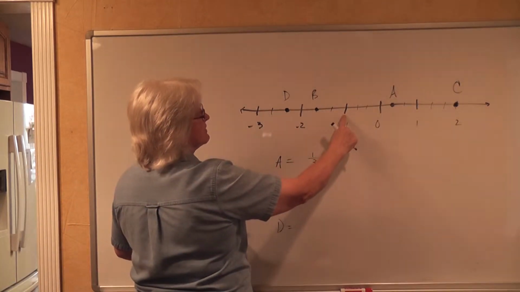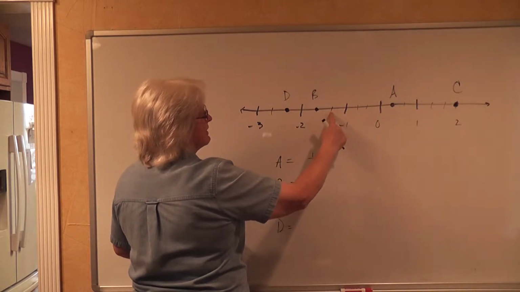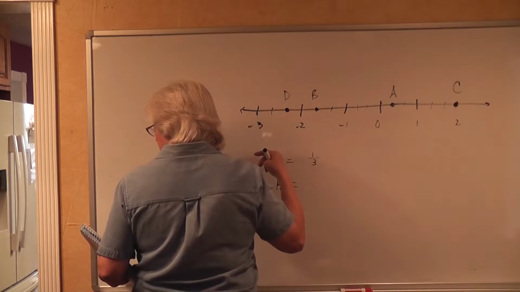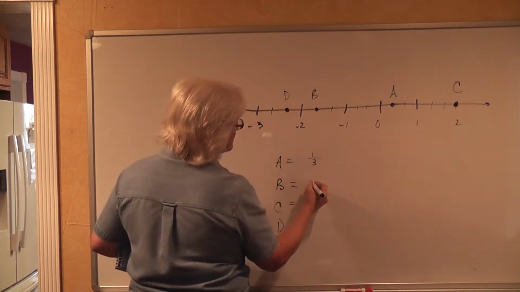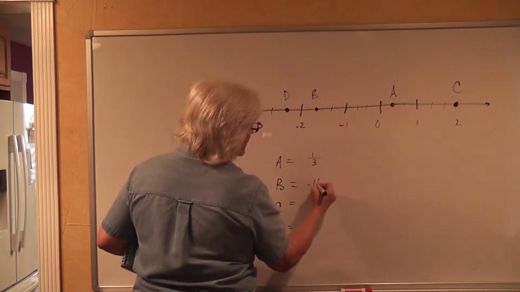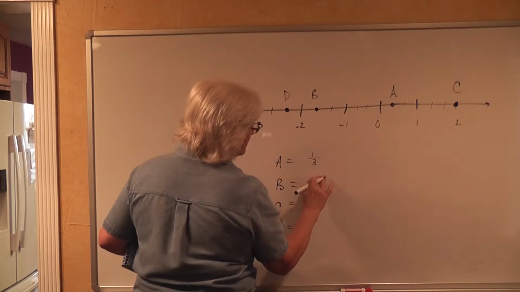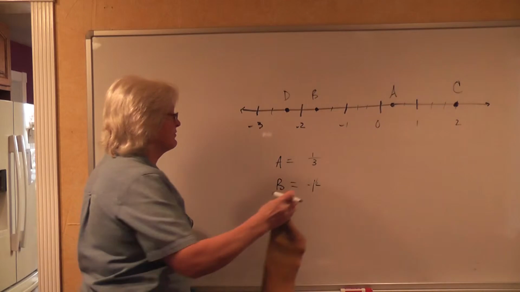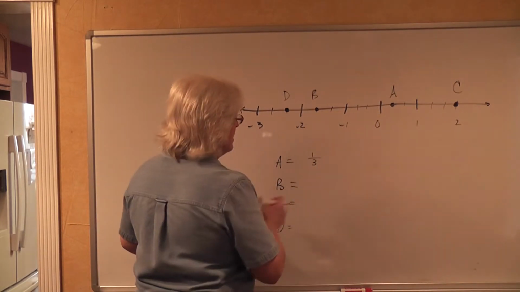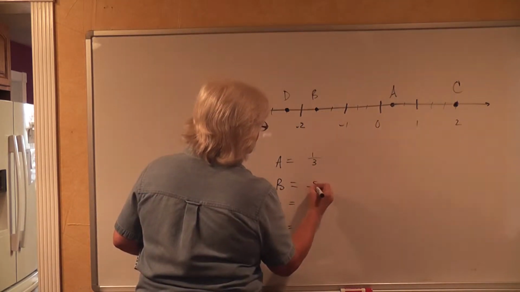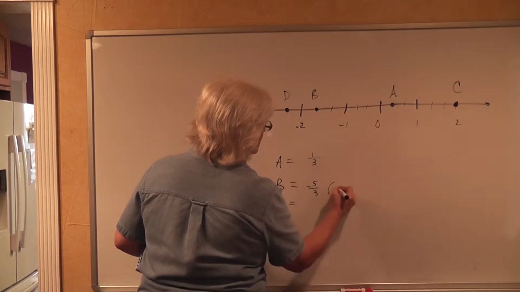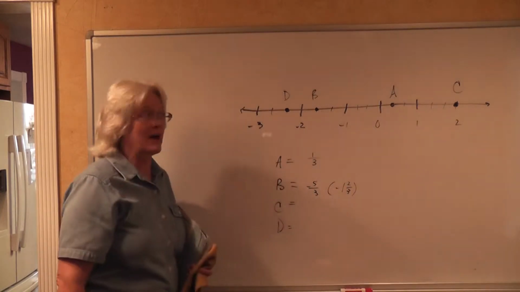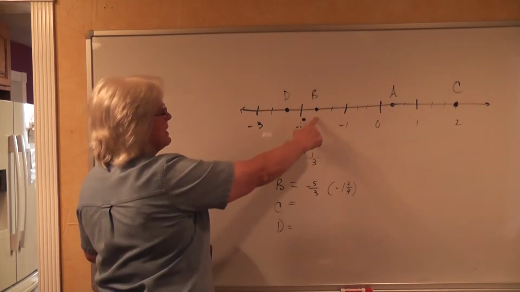B, that's -1, -1 and 1/3, -1 and 2/3. And that is -1 and 2/3, or the way that they prefer that it be written now, the way that I prefer that it be written also, would be -5/3. But it's -1 and 2/3 is the value that we have for B.